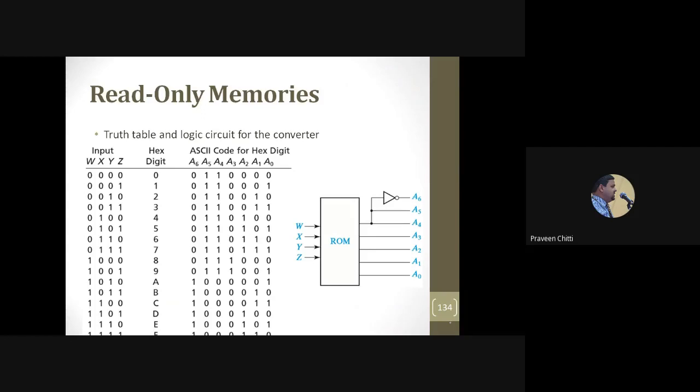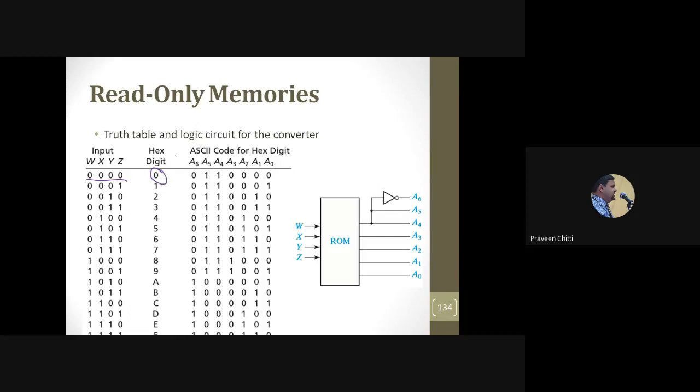Those outputs are represented as A0 to A6. You can see here, the first input is 0000. That is nothing but hexadecimal digit 0. So how is that 0 represented in ASCII?